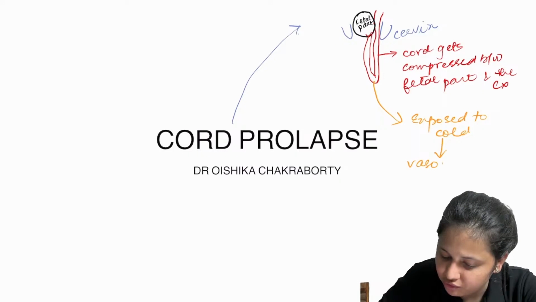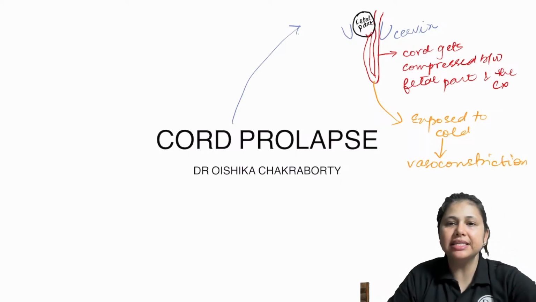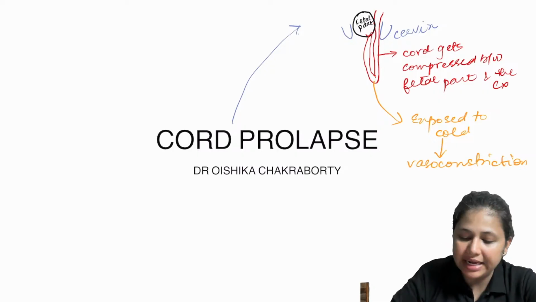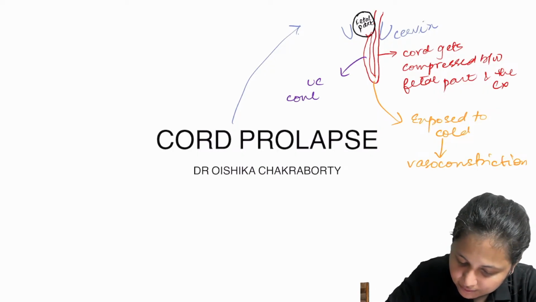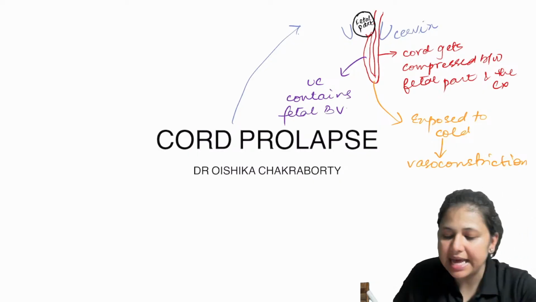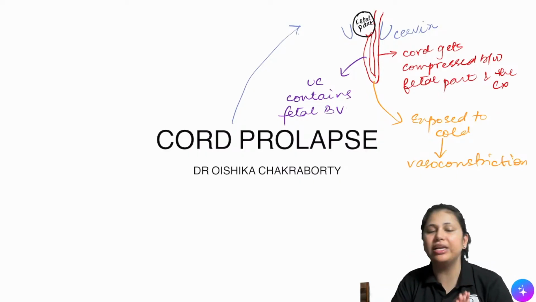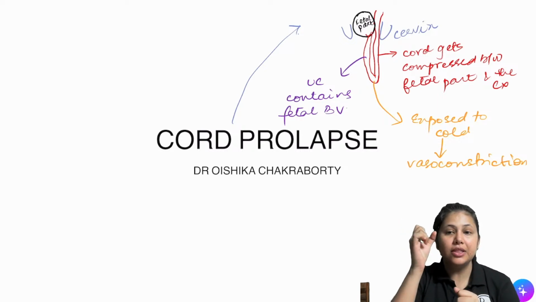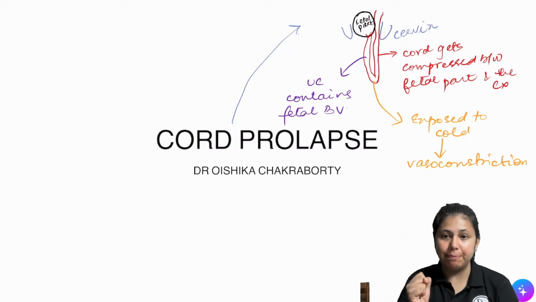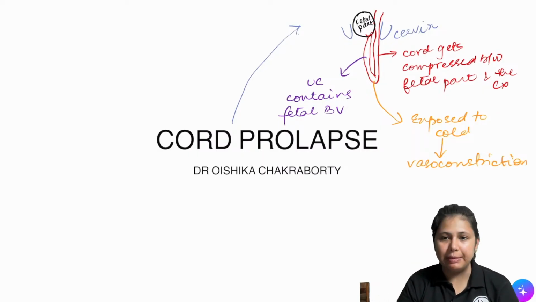So this umbilical cord contains fetal blood vessels, and because the cord is getting compressed, the vessels inside the cord are getting compressed, and now there is no blood supply going to the baby.